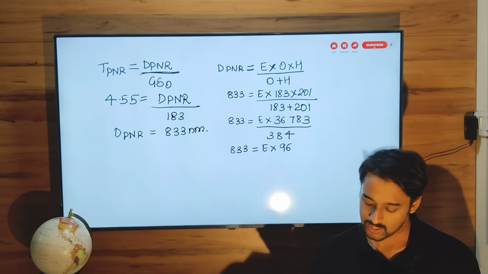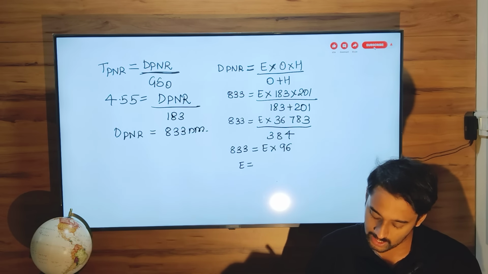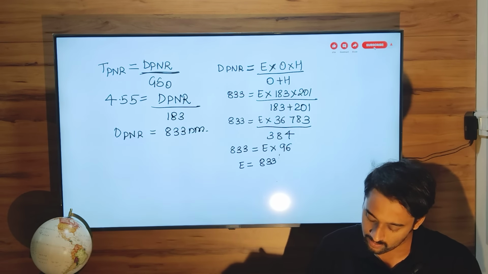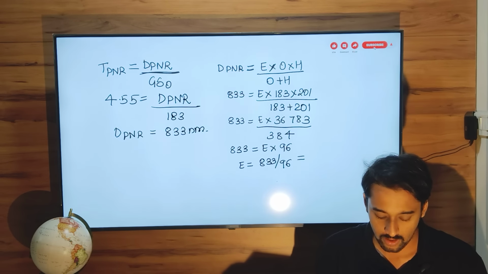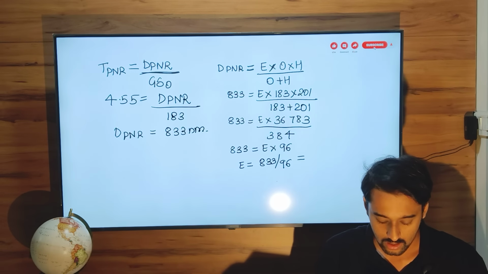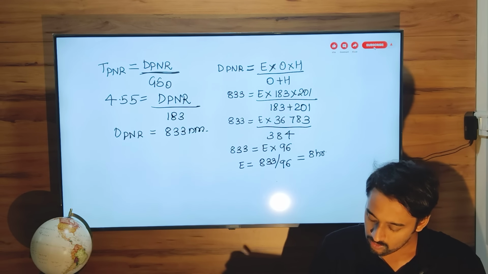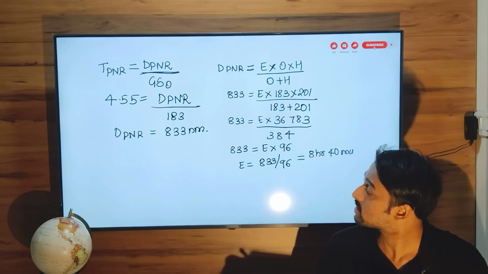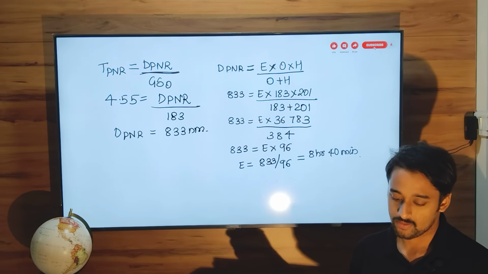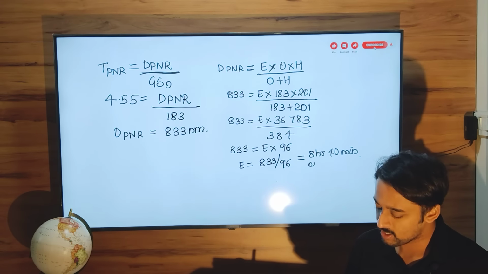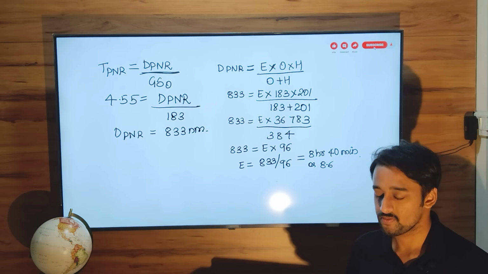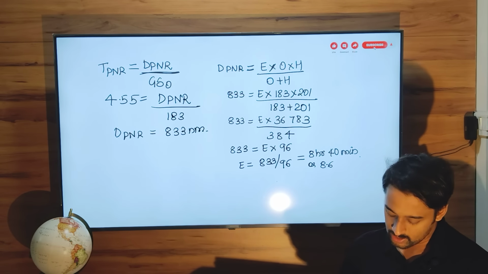I have taken it 96. So endurance will be 833 divided by 96, which is equal to 8 hours 40 minutes, or you can take it to be 8.6. Okay, that is your endurance.